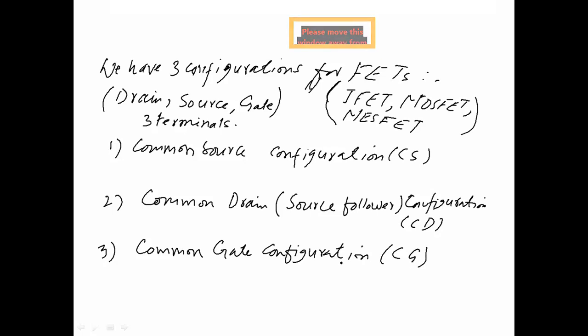The common source amplifier circuit provides voltage gain AV with phase reversal.